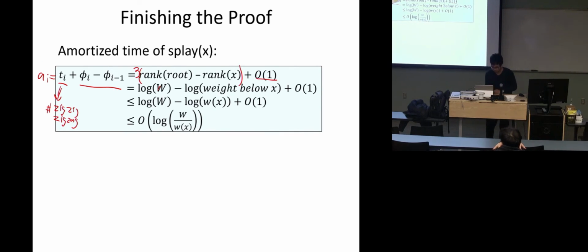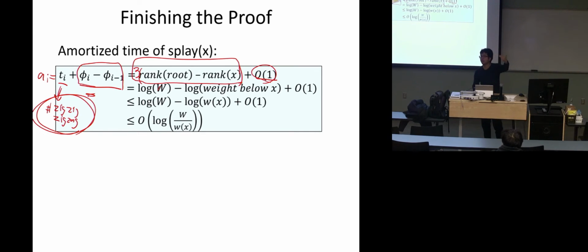Because for the change in potential here, you have this term and minus this thing. And you get another constant because you might do a zig only once. That's why you get a constant here. But even though you do zig-zig and zig-zag many times, this thing cancels. Make sense?